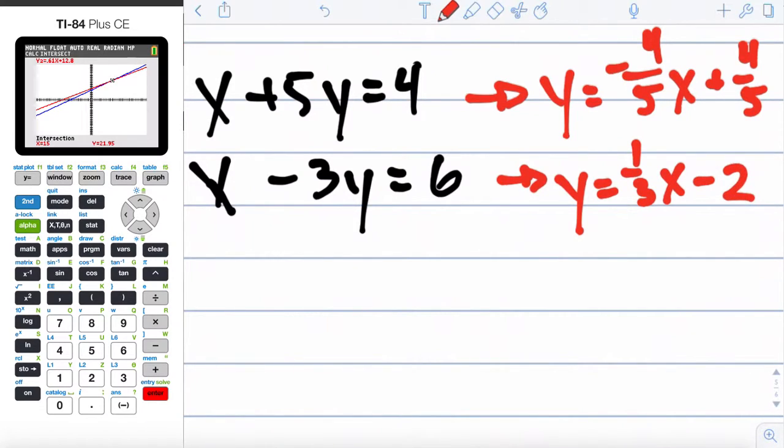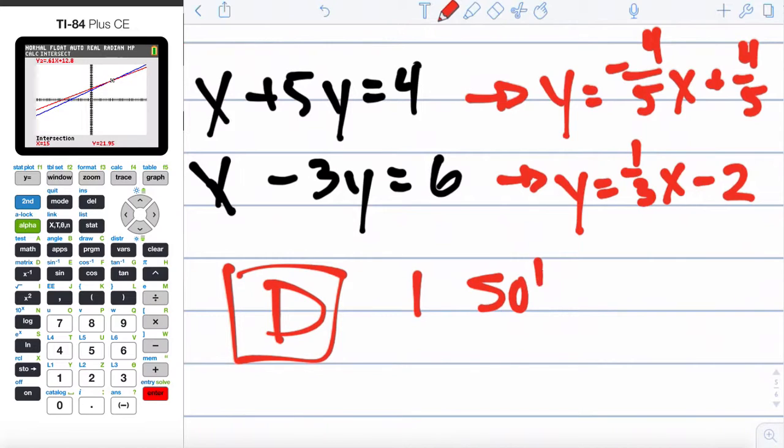So looking at those graphs, it looks like D is my option, which means it has one solution. And it means it's consistent because it has a solution.